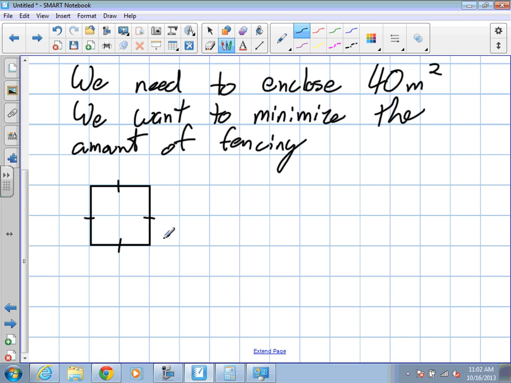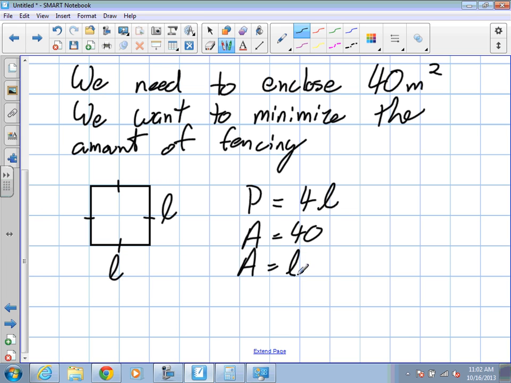And because perimeter of a square is equal to 4L, and we have our area being 40, we need shapes here. In this case, our area needs to be length times width, but for a square, the length and the width are the same. So area is equal to L squared.